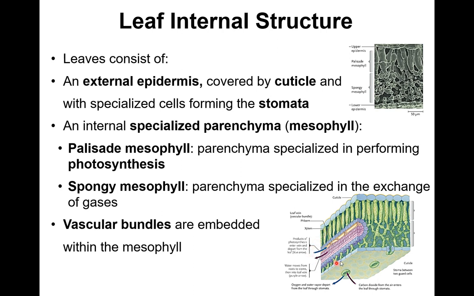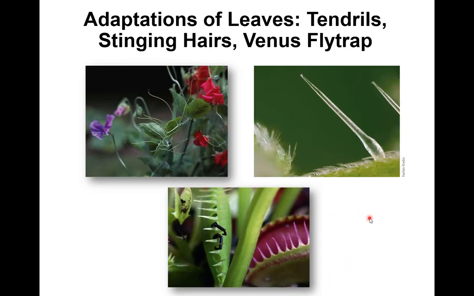Together with that, there is a third type of tissue here, which is vascular tissue organized in vascular bundles, which would have xylem, phloem, and other cell types, such as sclerenchymal cells, which are part of the ground tissue, just going through the naming again.